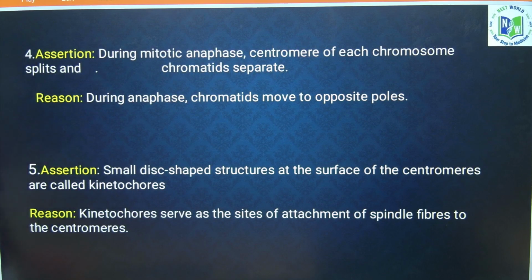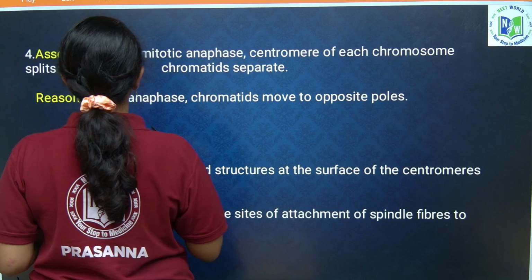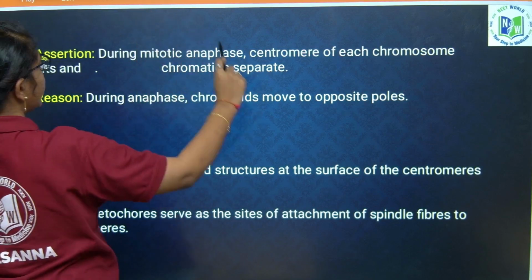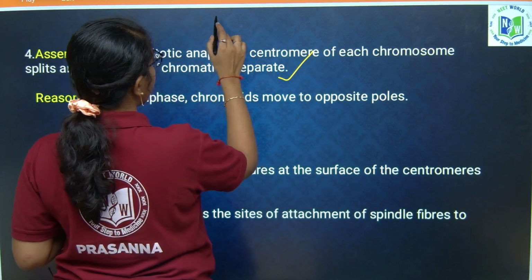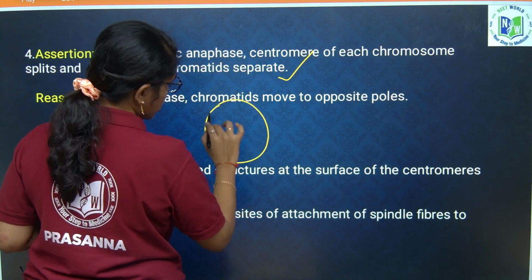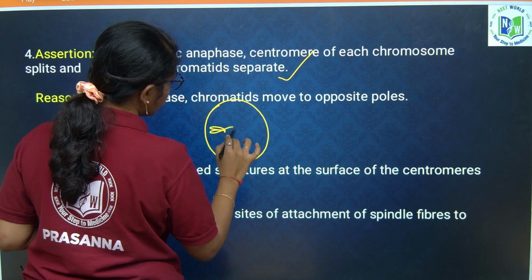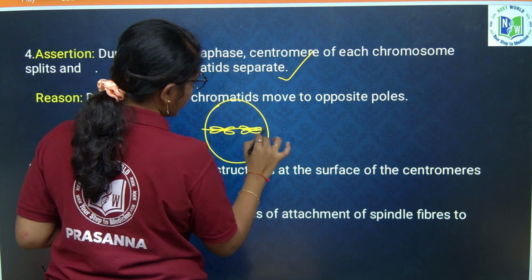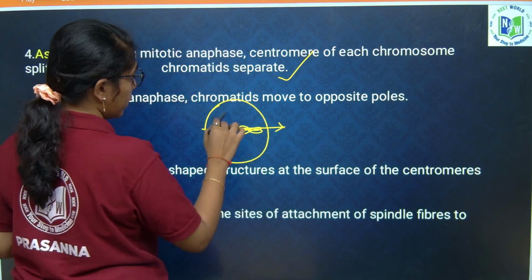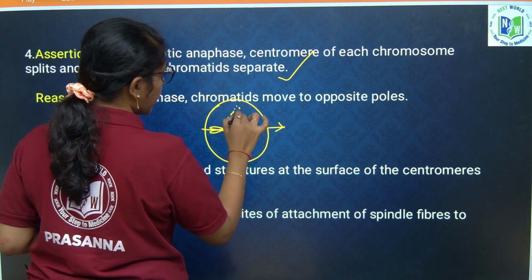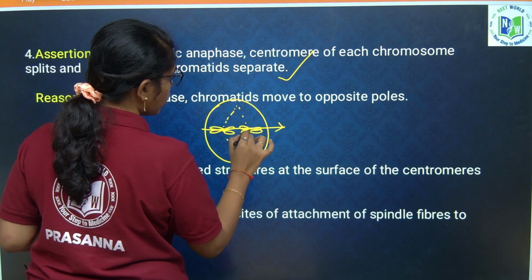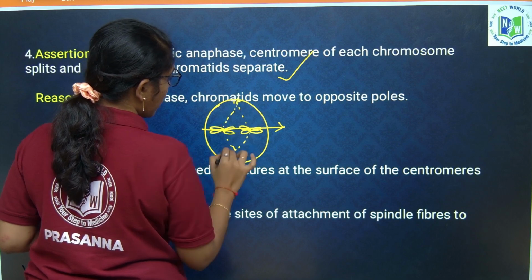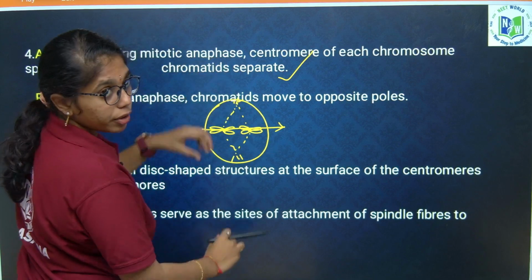Next question, if you see. Yes. So here, during mitotic anaphase, the centromere of each chromosome splits and chromatids separate. During metaphase, if you see, all the chromosomes are aligned on the equatorial plate or metaphasic plate. Here the spindle fibers are attached to the kinetochores and they are pulled towards the pole.